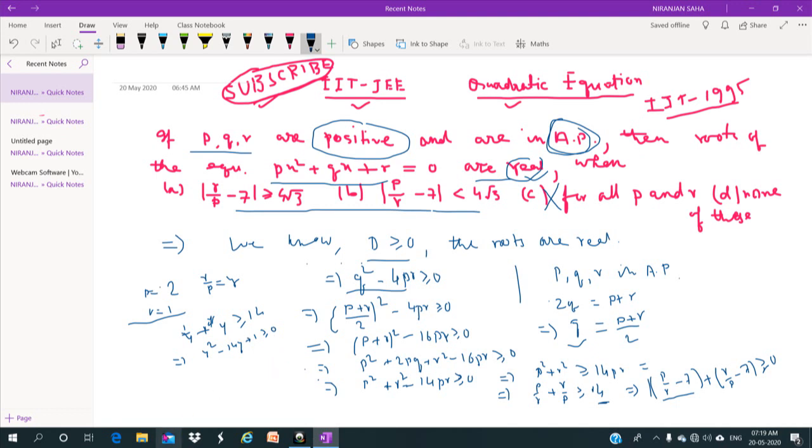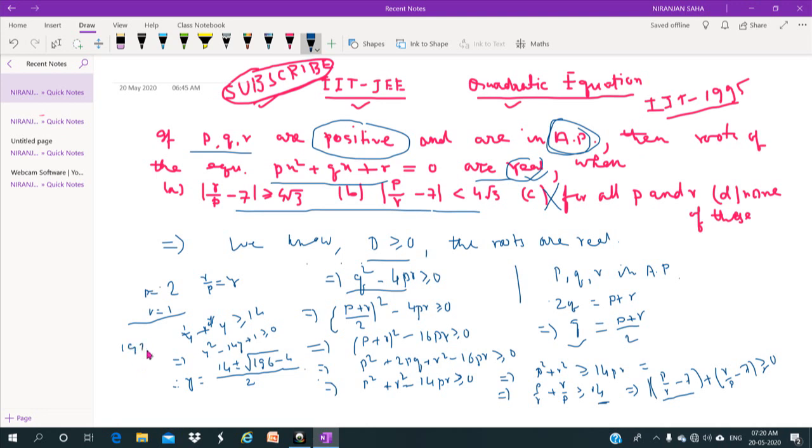So if this happens, then its root will be y equals minus b plus minus root over b square minus 4ac by 2a, that is 14 plus minus root of 196 minus 4, by 2. So here we will get 192.